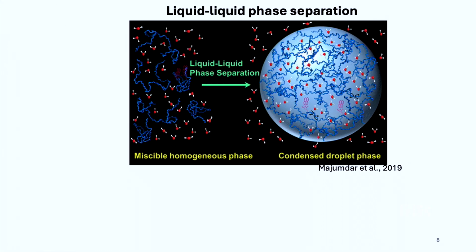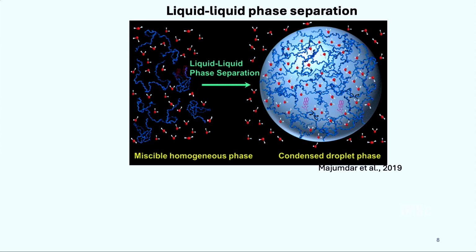So in some part of the cytoplasm, the concentration goes up. In the other part, the concentration goes down. When the concentration crosses a certain threshold, that's when some of these proteins and RNAs start phase separating, right? When it crosses the saturation concentration known as CSAT, that is when they phase out of the solution and they form a moiety of their own, often referred to as the biomolecular condensate. So although it's not surrounded by a membrane, it is a very open system.